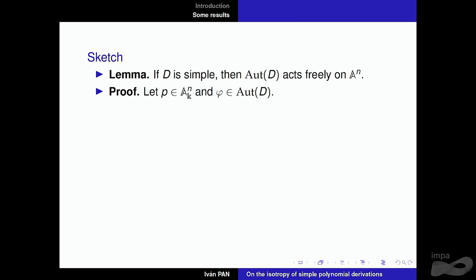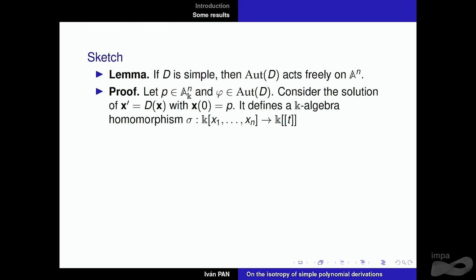Take a point P in the affine space and an automorphism which commutes with D, and consider the formal solution of this differential equation, where we think of D as a vector field, with the condition that at t equals 0, the solution passes through P. Observe that the derivation is simple, and then the vector field has no zeros.